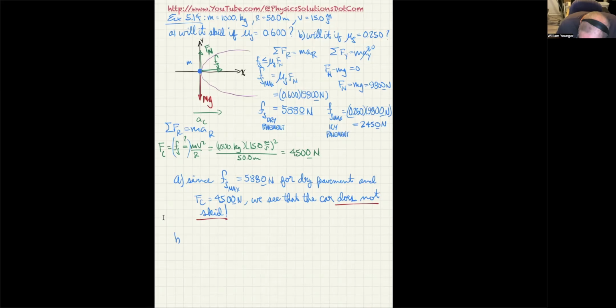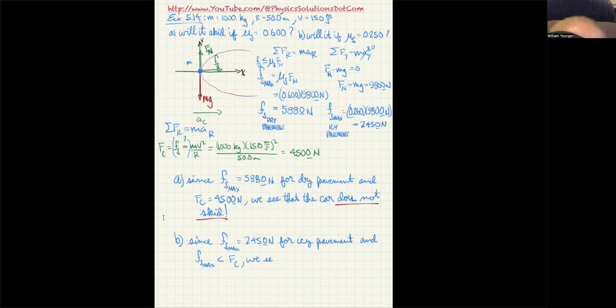For part B, since Fs max is equal to 2,450 newtons for icy pavement, and Fs max is less than Fc, we see that the car will skid.